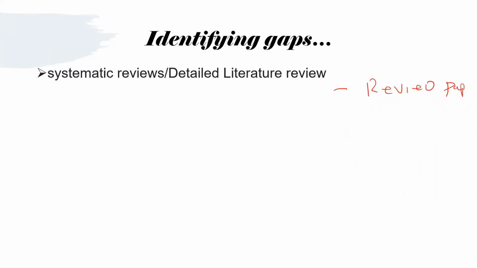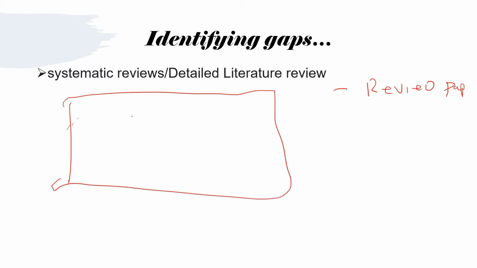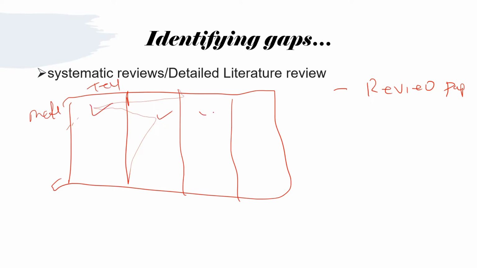Either a systematic literature review or a detailed literature review. Some of them also will have a table of gaps. Look for that. They will identify the gap. They try to summarize the methods used, the kind of techniques, and then they will mark it for you. They say this one doesn't use this. So you see the one where a lot of things are missing.